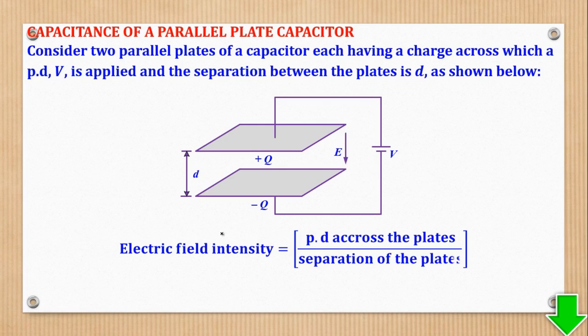We already saw the relationship between electric field intensity, PD and separation. You know that electric field intensity is equal to the PD across the plates over the separation of the plates. That means E will be equal to V over d. We shall call it equation 1.